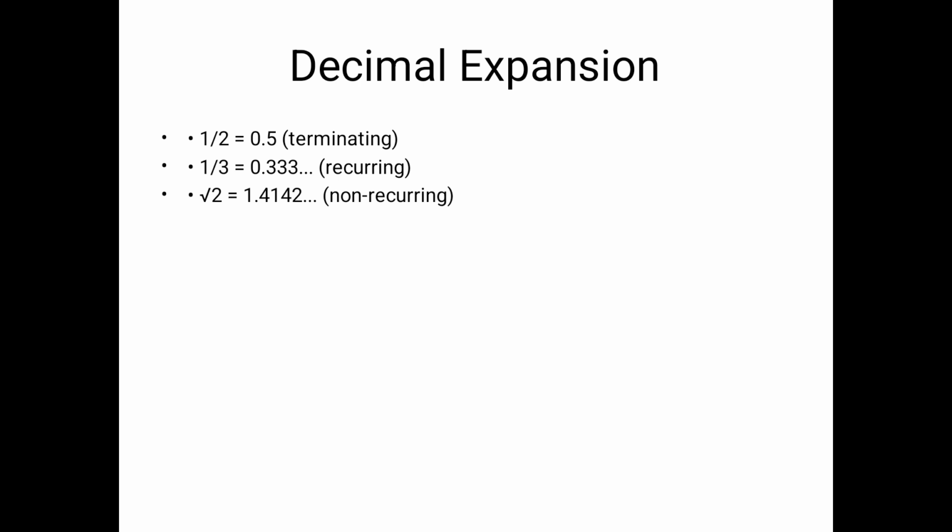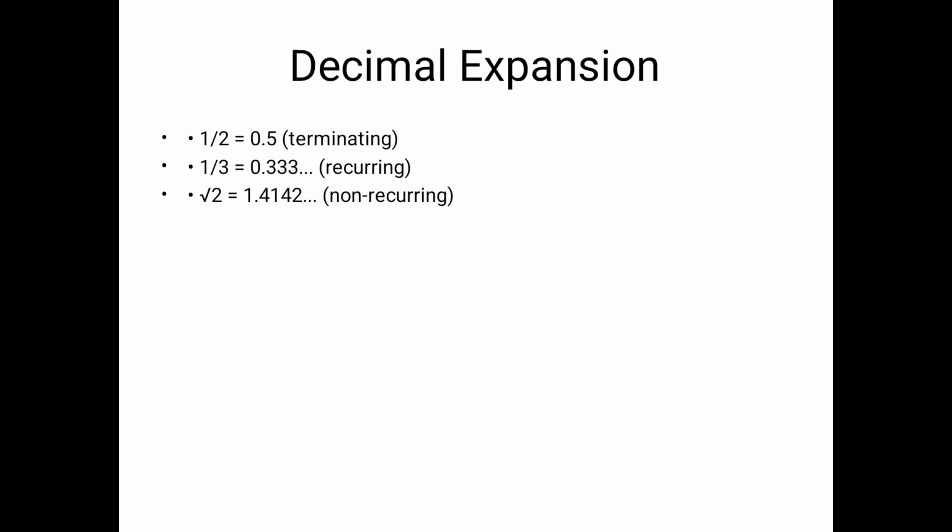How can we say a number is a rational number or an irrational number? We can say by doing decimal expansion. Now, observe here, if I consider a number 1 by 2, its decimal form is 0.5, which is terminating.